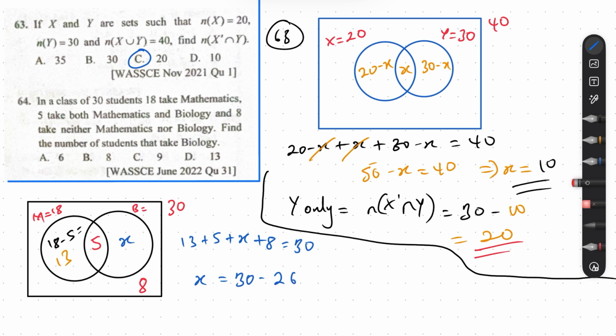13 plus 5 is 18 plus 8, 26. Okay. So we have x equal to 4. So that means this value right here is 4.